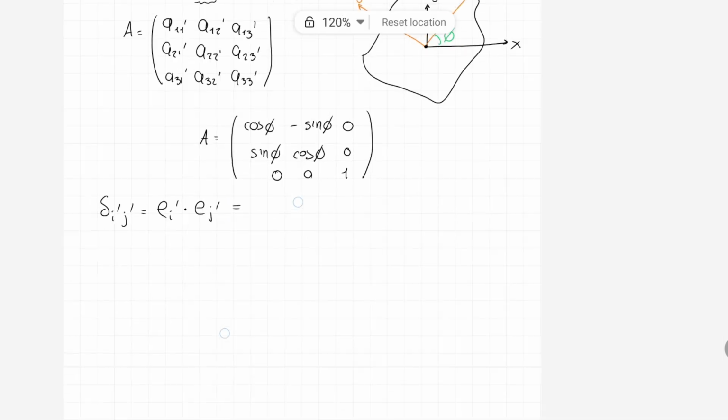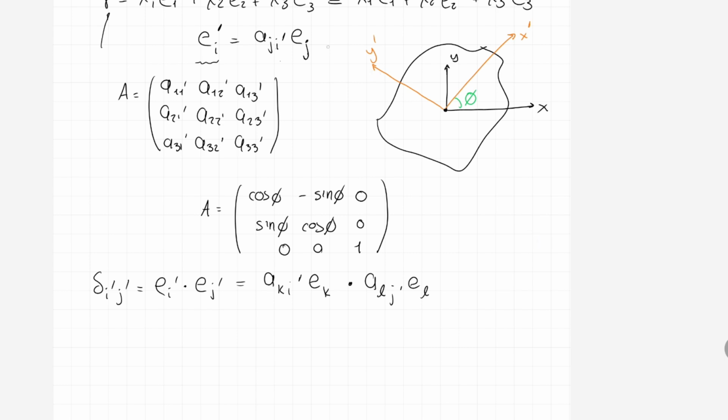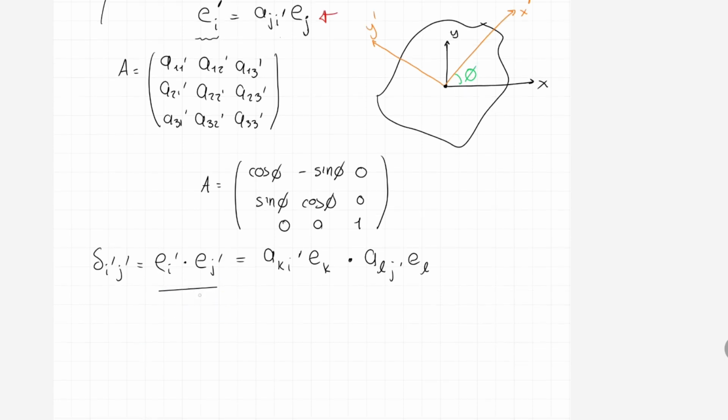But we know that e i prime is equal to, let's use the index k here, a k i prime e k, dot a l j prime e l. I'm just using this relation to express the dot product between these two quantities and take that equal to the Kronecker delta.